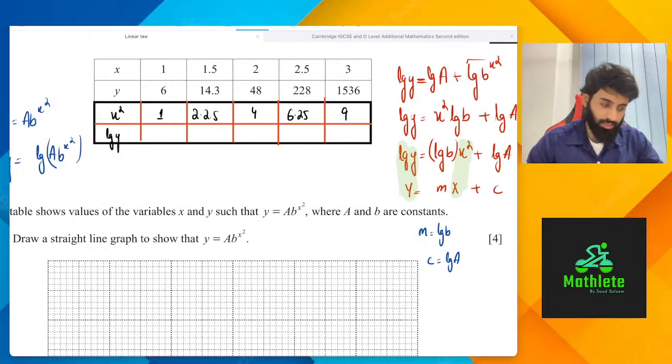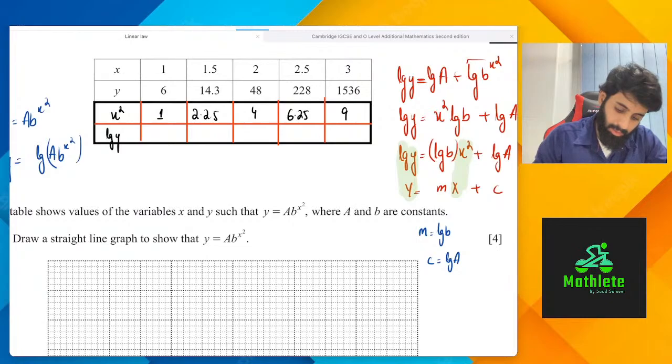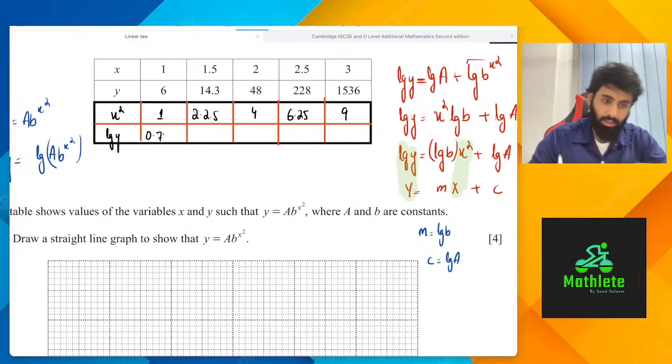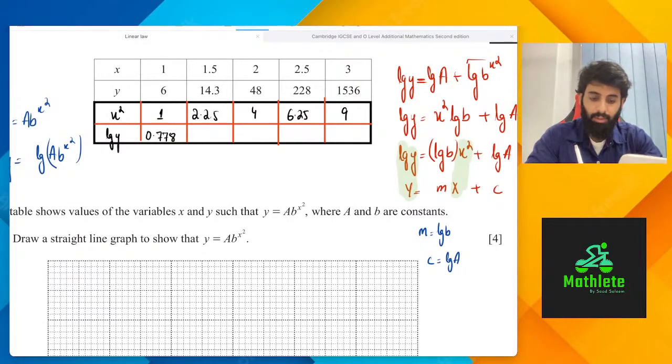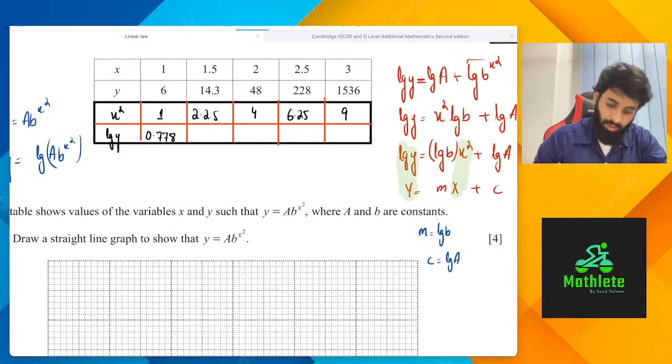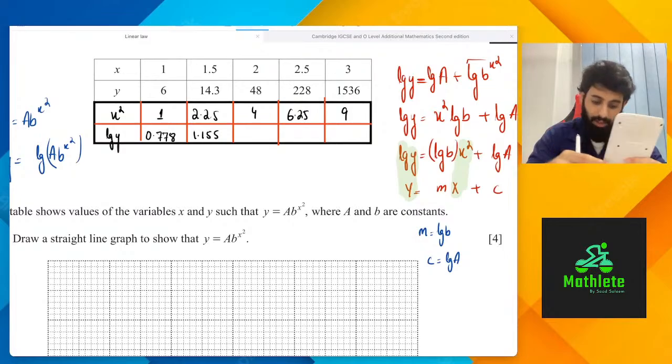Okay. Now let's find out LGY. To find LGY, let's see what we have. So you have log 6, so this will be 0.778, then will come 14.3, so that's 1.155. I'm writing more decimal places just so that I don't end up rounding it off too soon.